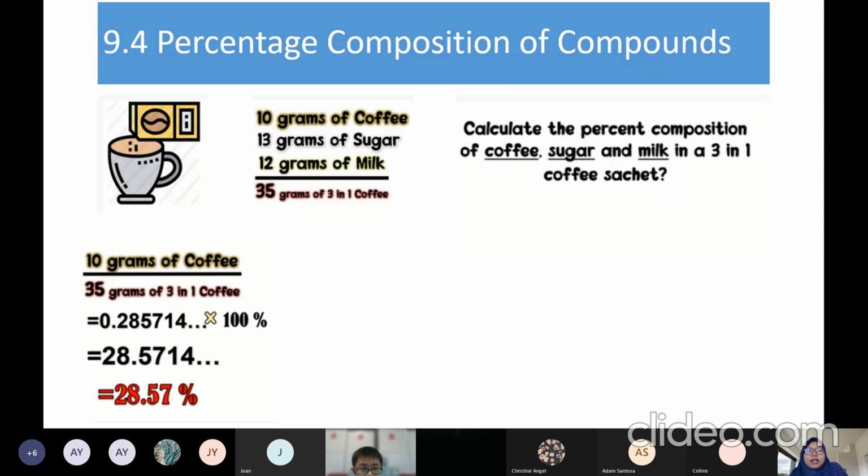Yeah, it's correct, 10 divided by 35 times 100%. So it means the coffee is 28.5%.